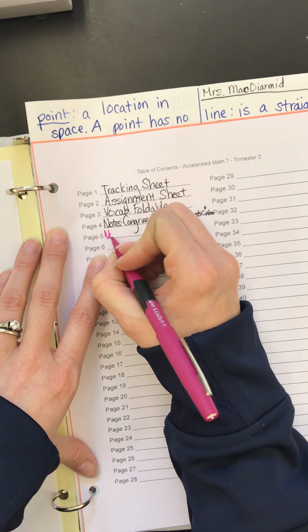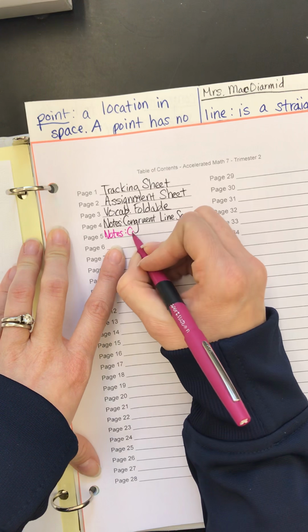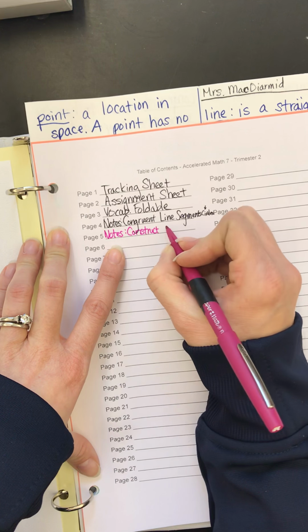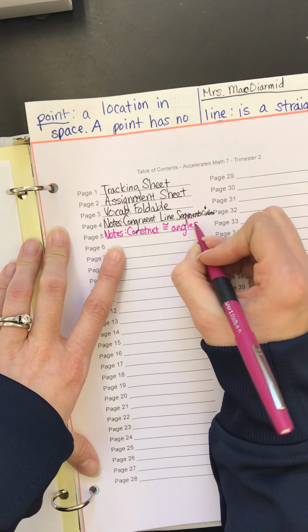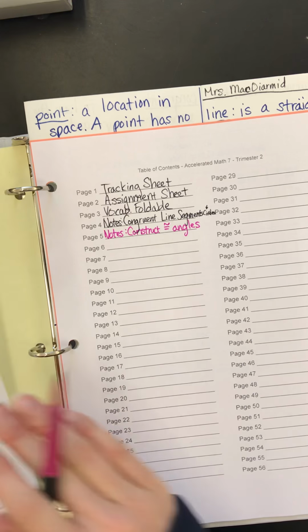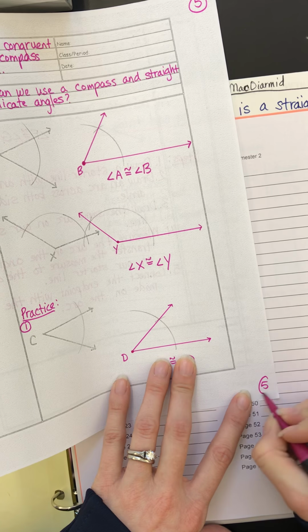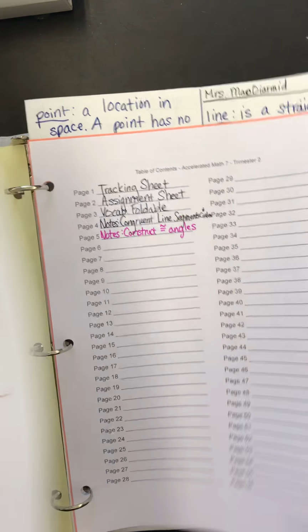This is notes, and we're going to call it construct congruent angles. Okay, so this is page 5. I'm going to put a 5 in the corner here. I like to do it on the top and the bottom. And this is going to be the 5th page behind your table of contents.